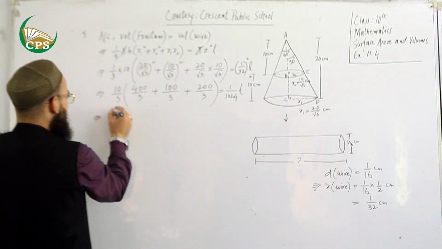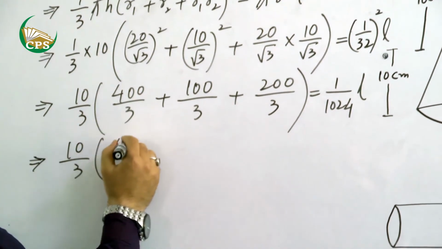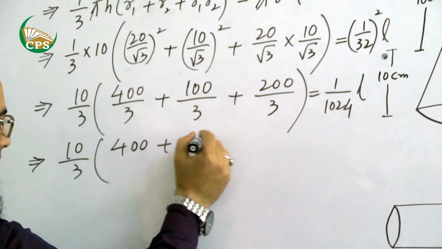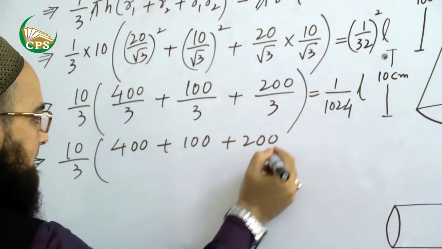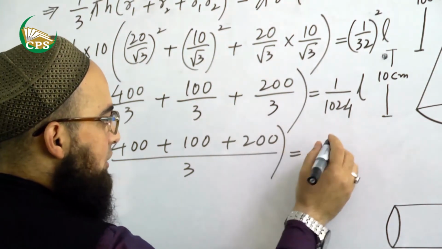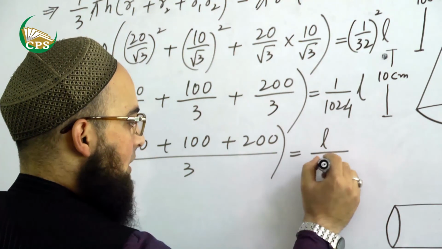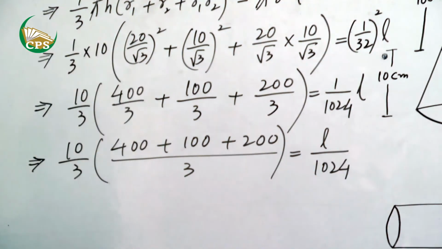Which implies that I have 10 divided by 3 times, with the common denominator, 400 plus 100 plus 200 divided by 3, is equal to L divided by 1024. Got it?